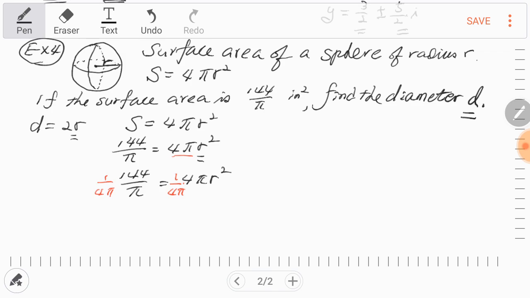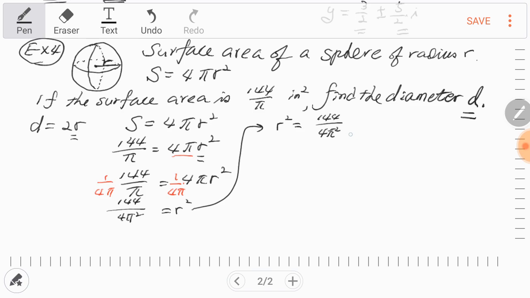And then the right hand side is r squared. The left hand side is 144 over 4 pi squared. So if you rewrite this one, let me write r squared first. Then that is equal to 144 over 4 pi squared.